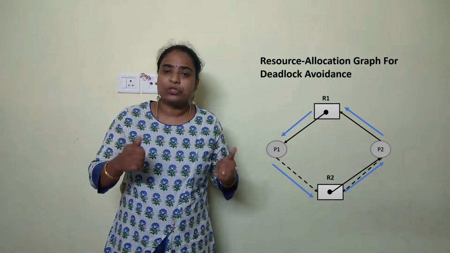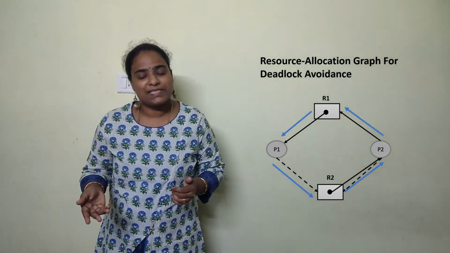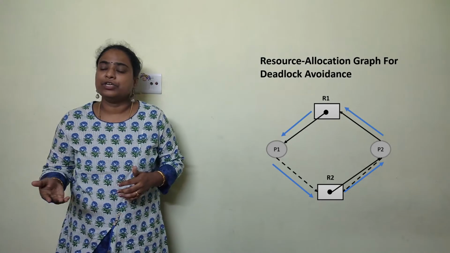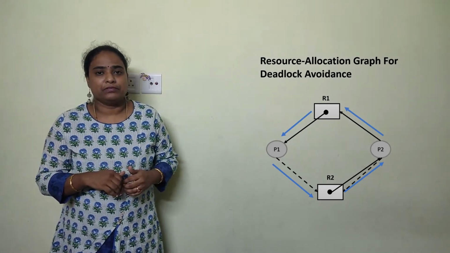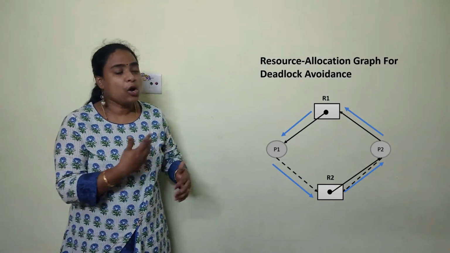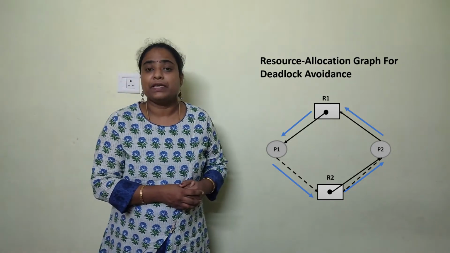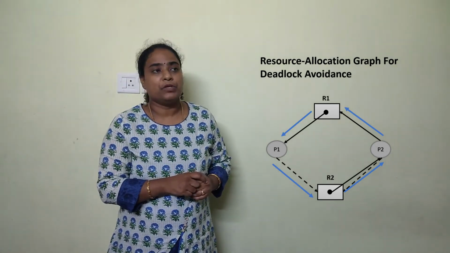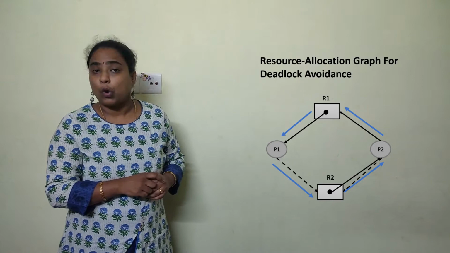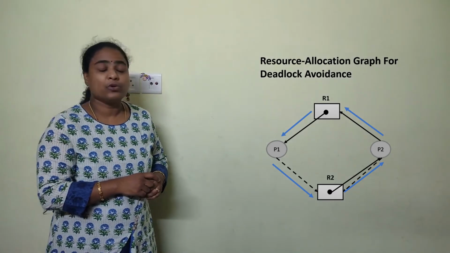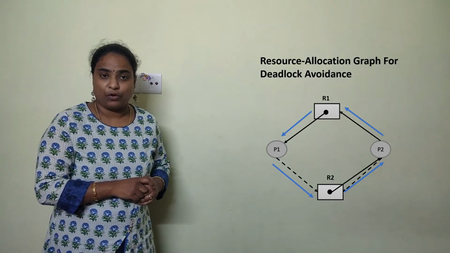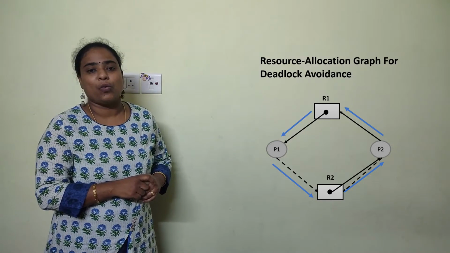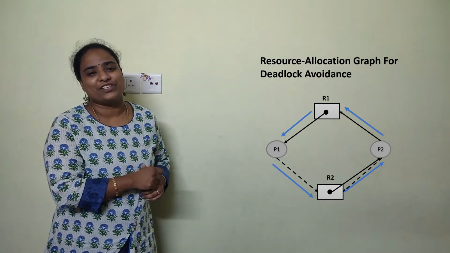Once the use is over, the process will convert the assignment edge back into a claim edge. Like this, deadlock avoidance is implemented in single instance systems using a claim edge. We call this the resource allocation graph algorithm for deadlock avoidance in single instance resource systems.